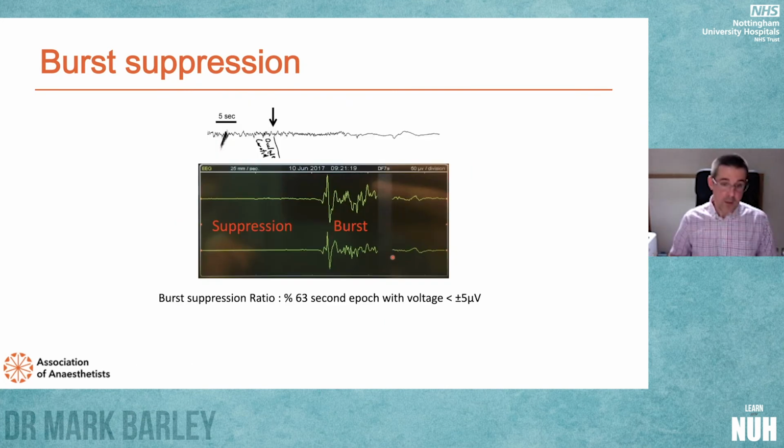Now, the burst suppression ratio describes the percentage, when using a BIS monitor, of every 63-second period of time with a voltage of less than plus or minus 5 microvolts, so a flat line. And we move between a period of isoelectricity into a burst.